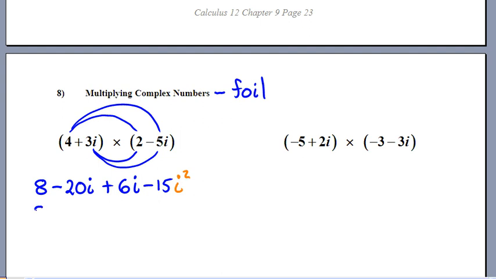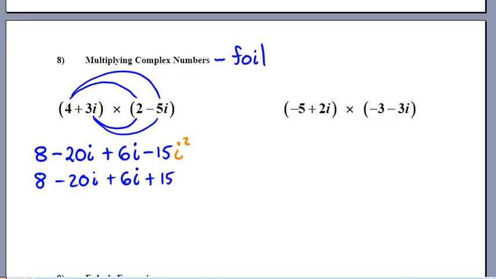So this is going to be 8 minus 20i plus 6i, so some imaginary chunks in the middle there. But this thing out here, it's not imaginary at all. The orange part, when I square the i I get a negative 1, multiply that by the negative 15, and I get a positive 15. And then I put it all together and say, okay, how much real stuff have I got? Looks like I have 23.